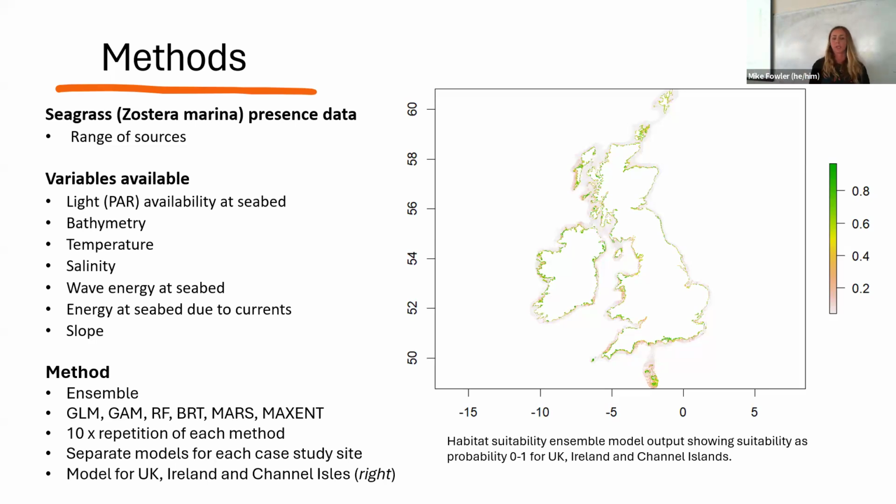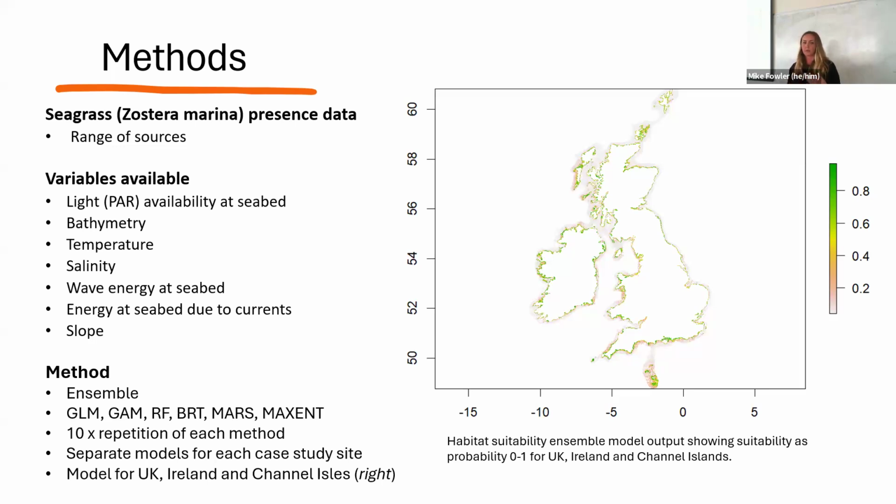The method we chose is an ensemble method. So we chose these different algorithms. We wanted to choose a mixture of machine learning methods and regression-based methods, some of the most commonly used and tried and tested from the literature. We did 10 repeats of each method as well.